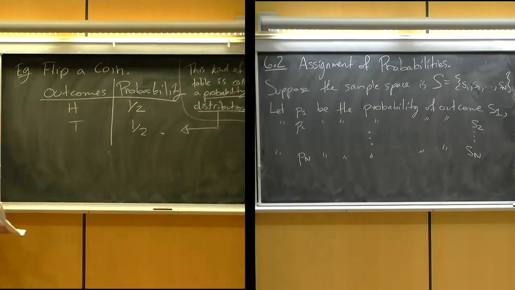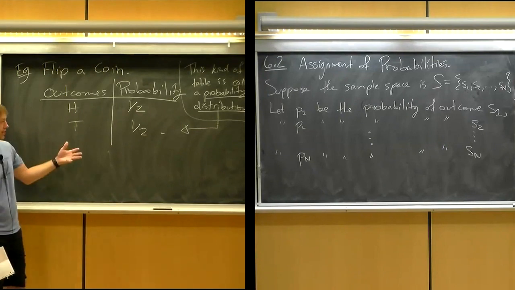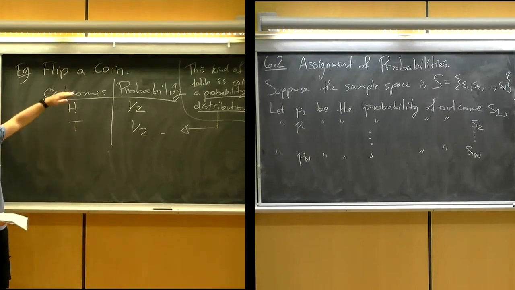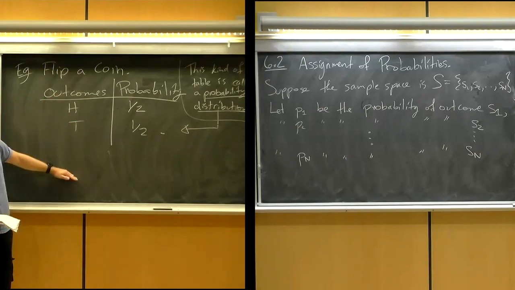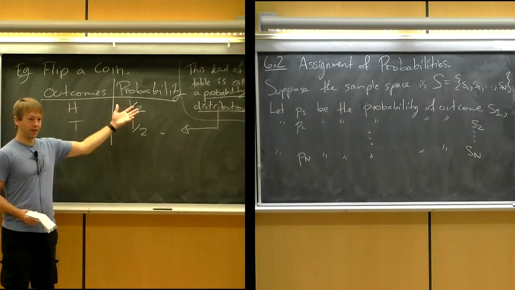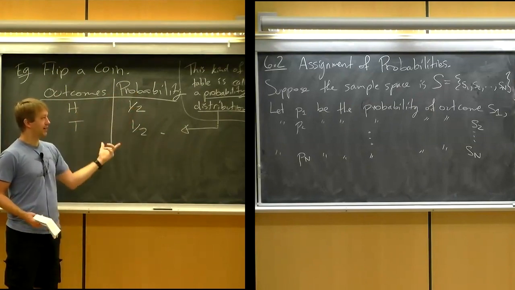Okay. So for example, if you're given some experiment and asked, please write down the probability distribution for this experiment, what you would do is you list all the outcomes on the left side, you list all the probabilities on the right side, and just make sure you compute them all correctly.